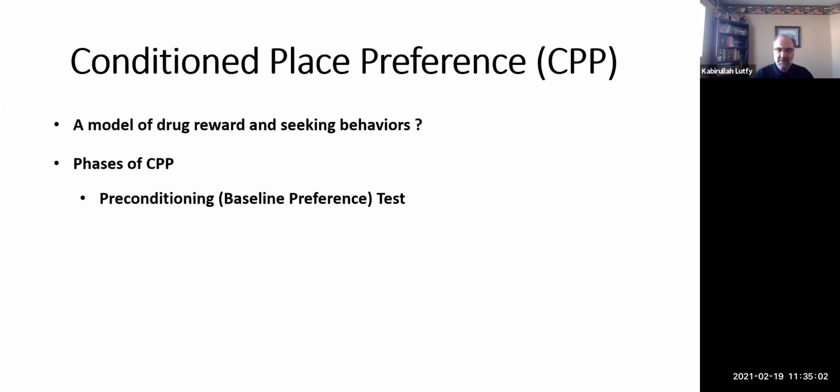They just move around. You can habituate them to the chambers if you want to, but there is no need for that. In most cases, people don't do that initial habituation phase for conditioned place preference. So you can measure it for 15 minutes, and you record the amount of time they spend in each chamber.